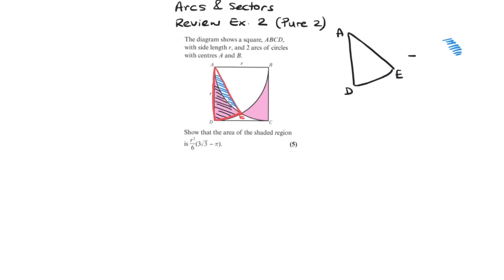So I can work out the area of that sector ADE quite easily. But how do I get the area of that blue section? That blue section is also rather straightforward.